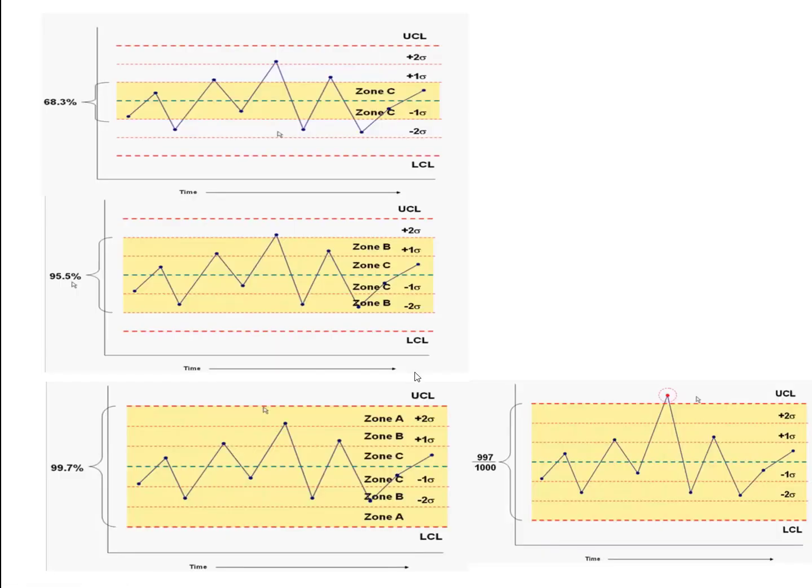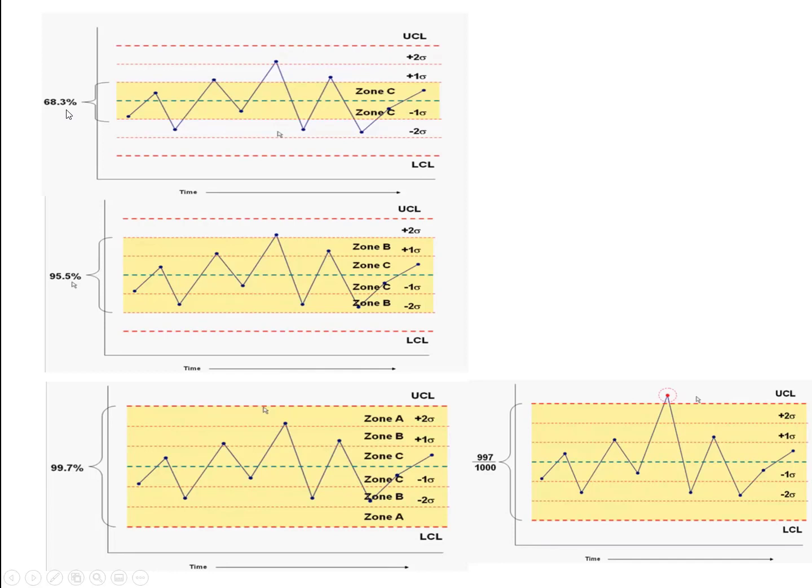So for example, in these figures, you can see this is my lower control limit, this is my upper control limit. So for the points which are dispersed in this, for example, we want to check those points which are within plus 1 sigma and minus 1 sigma. It means 68.3% will lie in this.